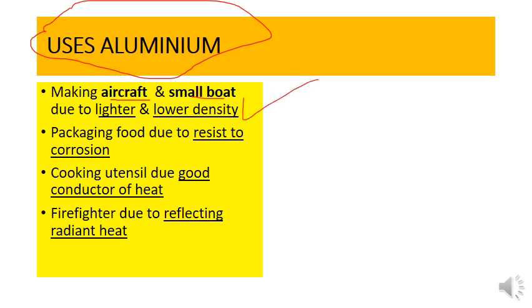It is used in packaging food due to its resistance to corrosion. It is used in cooking utensils and home tools due to being a good conductor of heat and electricity. It is also used in firefighting due to reflecting radiant heat. Those are some uses of aluminium in our daily life.